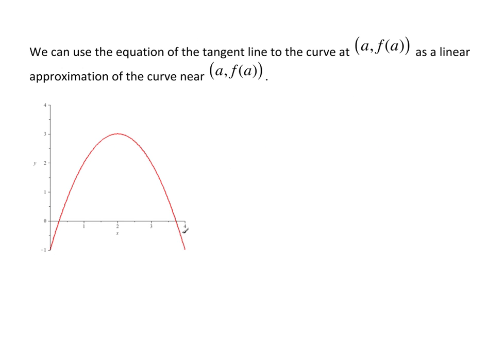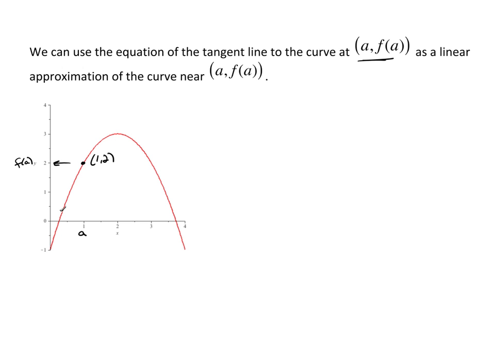So we can actually use the equation of the tangent line to the curve at the point (a, f(a)) as a linear approximation of the curve near (a, f(a)). So if I say a is 1, right here, that's f of a. So I actually have this point that I'm going to be working with, (1, 2), on this graph. So the point here is that I have a known point.